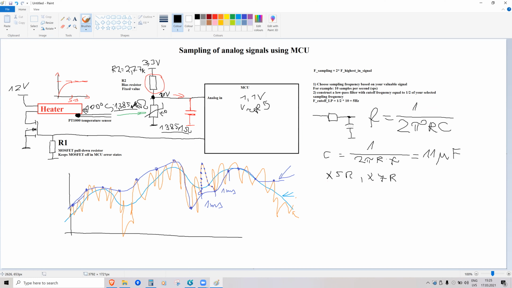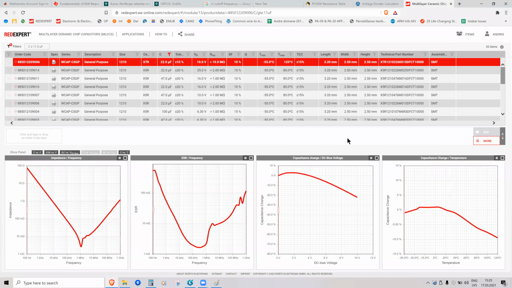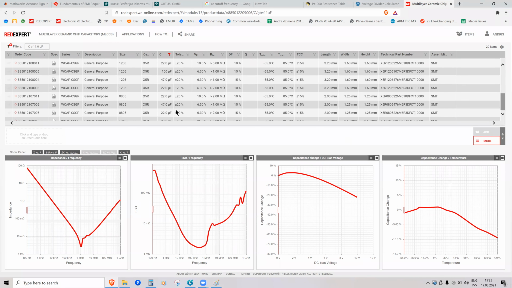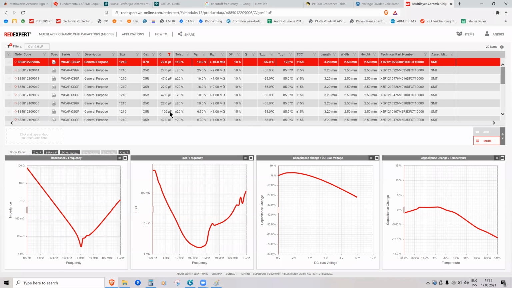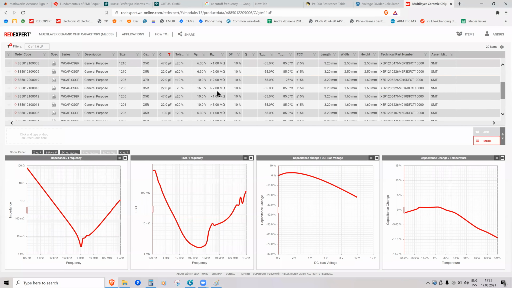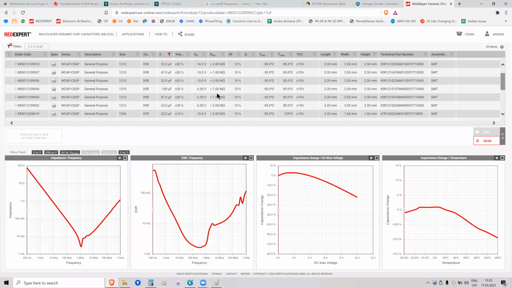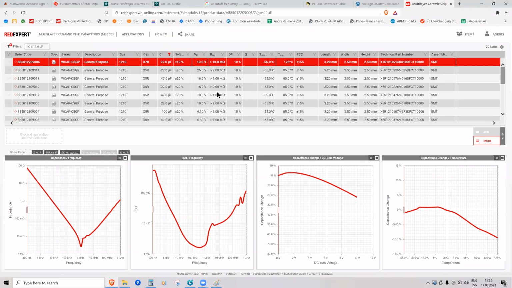It compresses and the capacity of the capacitor actually gets reduced. So at 0 volts, these capacitors really have their nominal capacitance, but when you actually put voltage on them, their capacitance is reduced.